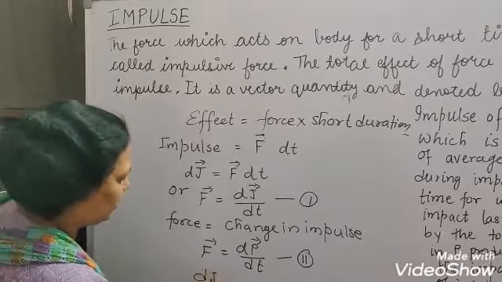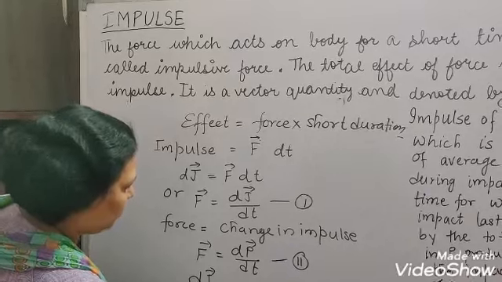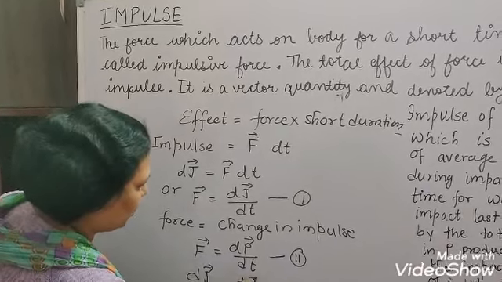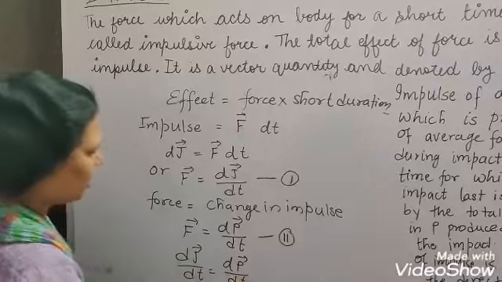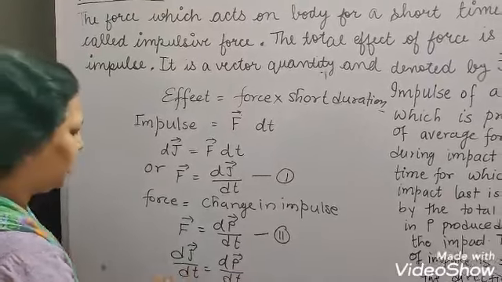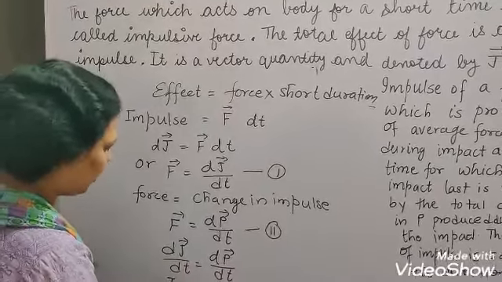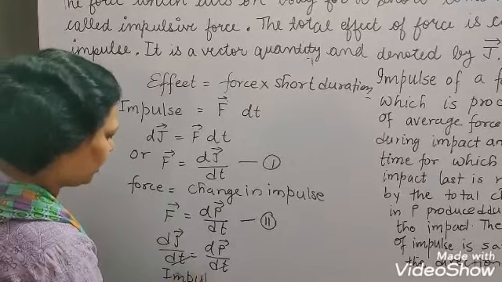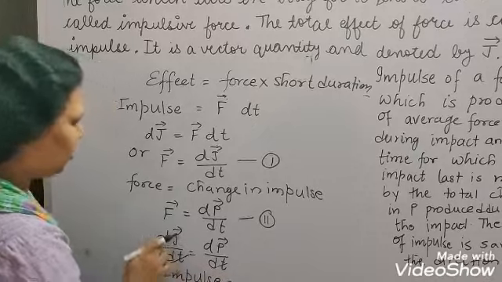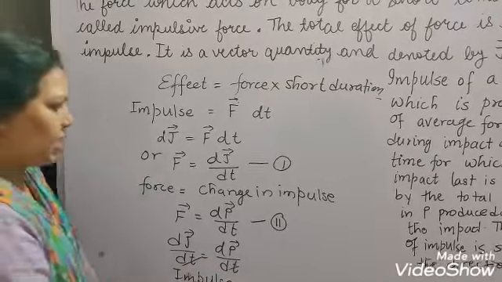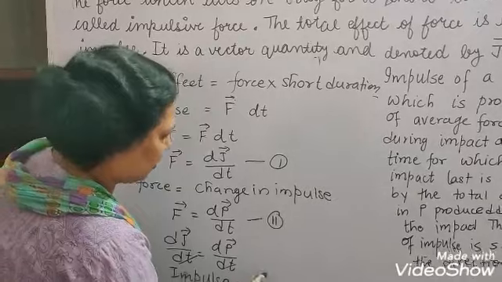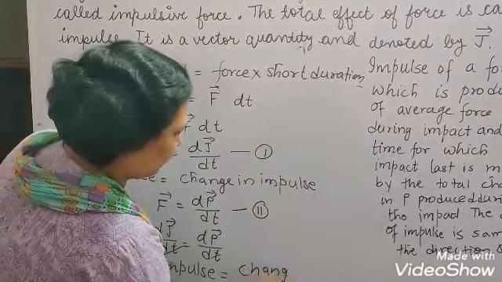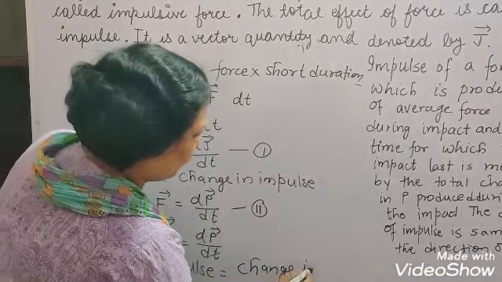That means dJ upon dt must be equal to dp upon dt. If you cancel dt, the impulse is equal to dp, that means the change in momentum.